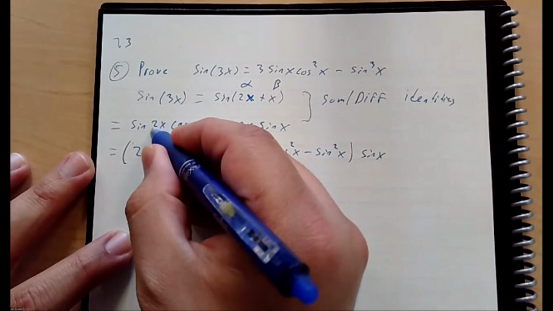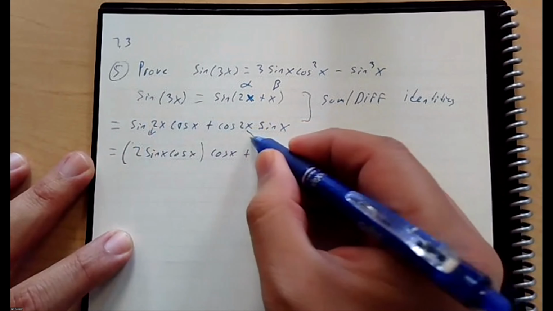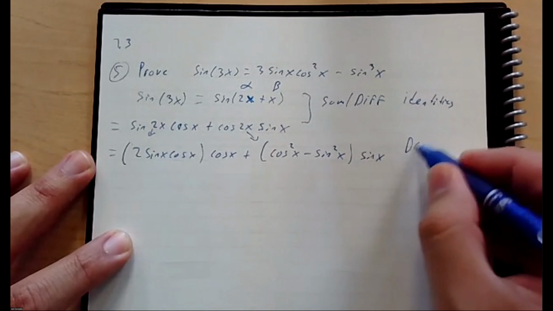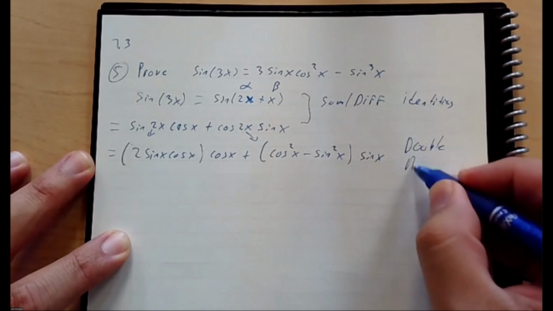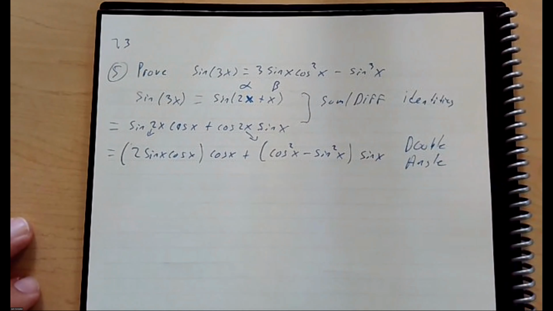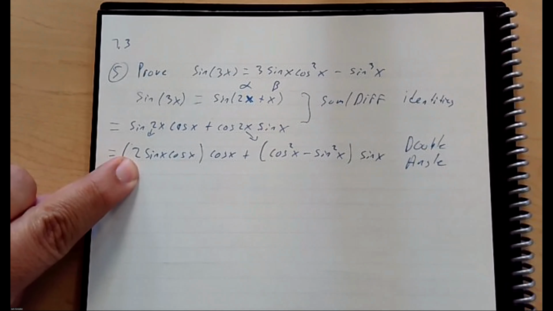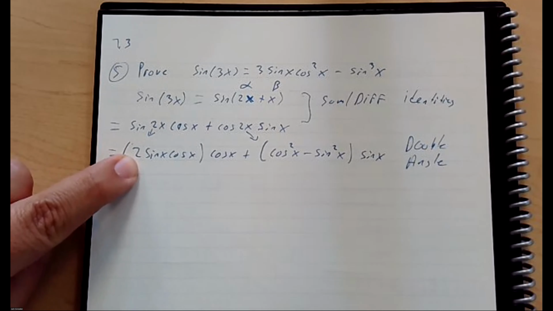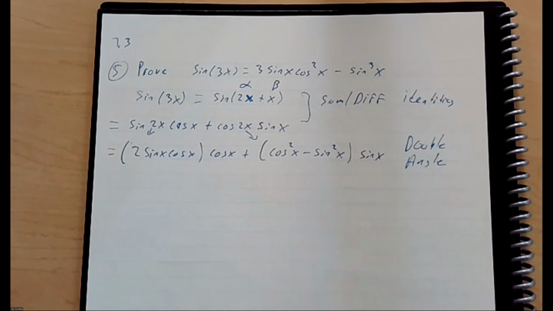So this guy is these two, this is this one. We use the double angle. You guys still with me to that point? At this point, I'm seeing that I have a 2 there, so maybe I'm heading the right direction. Let's multiply stuff out and see if I can get a 3.